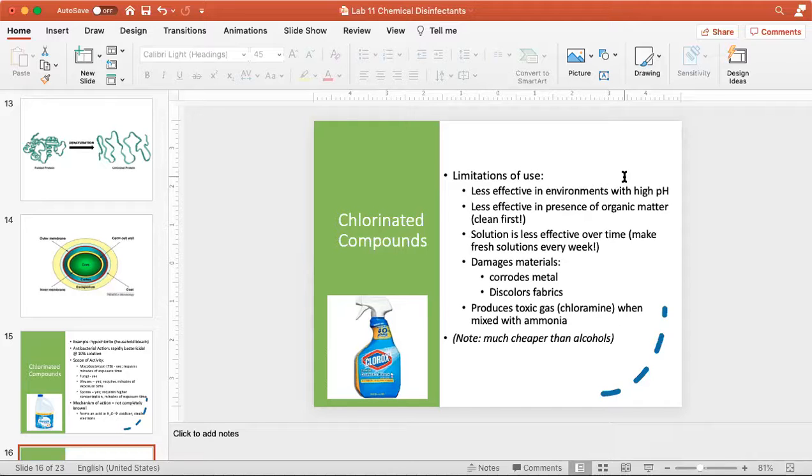So if I apply it to a surface that has a high pH, the acid and the base are going to neutralize each other. We need the Clorox bleach or the other kind of bleach to stay as an acid. So it's important that we know what pH we're applying it to. If it gets neutralized, it's not going to work.